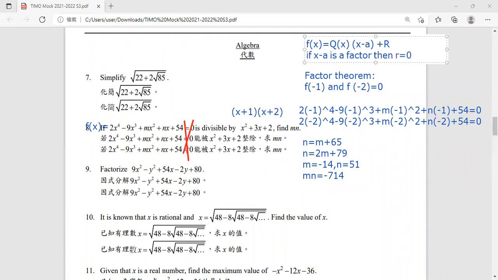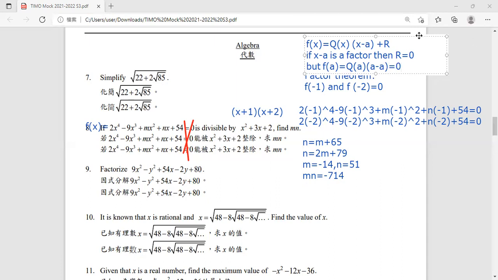R is 0, okay? But f(a) actually is equal to Q(a) times (a minus a), which means that it will be 0.